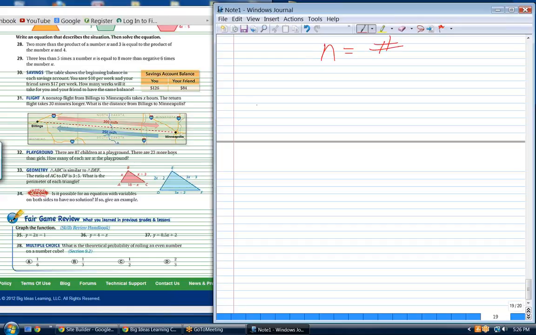Now let's write the equation. So, number 29, right? 28. Oh, okay. So it'd be 3n plus 2. Okay, never mind.